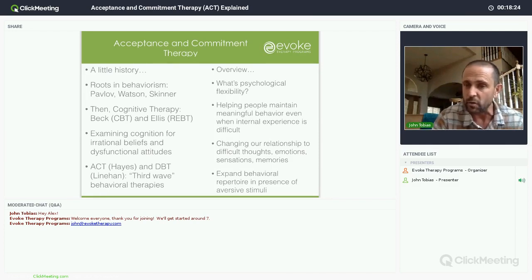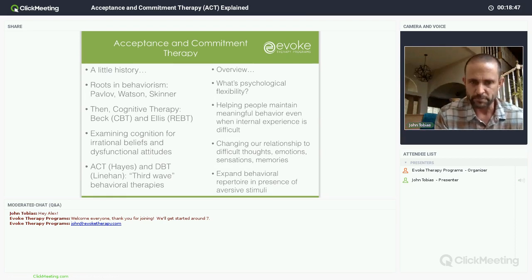That's germane to both ACT and DBT. So looking at ACT more specifically, to give a short overview, this idea of psychological flexibility, what is it? What do we mean by that? So it's helping people maintain meaningful behavior even when internal experience is difficult.